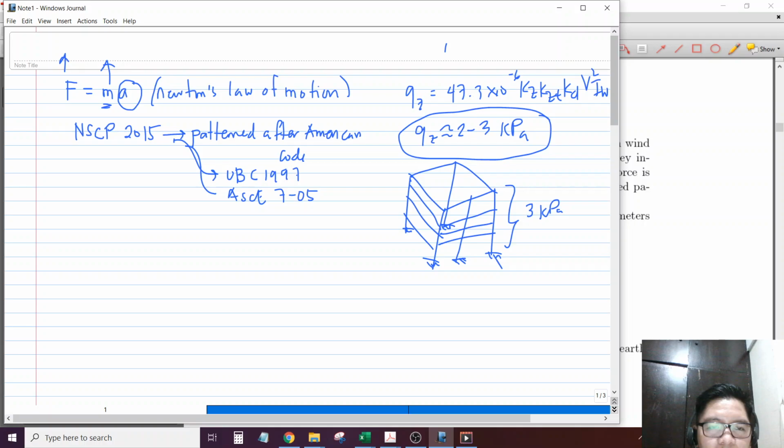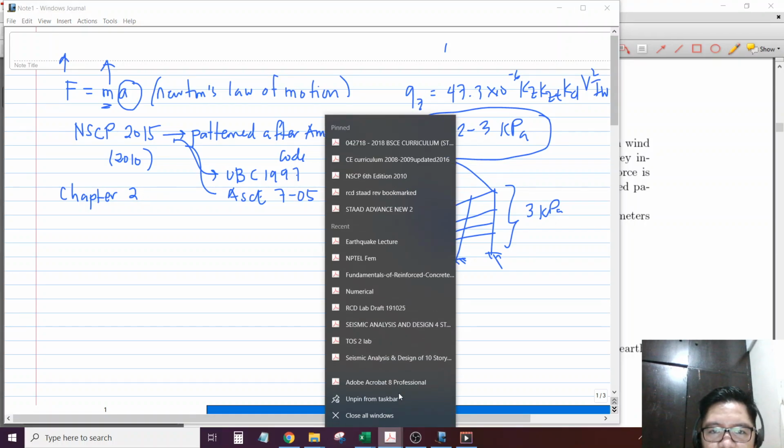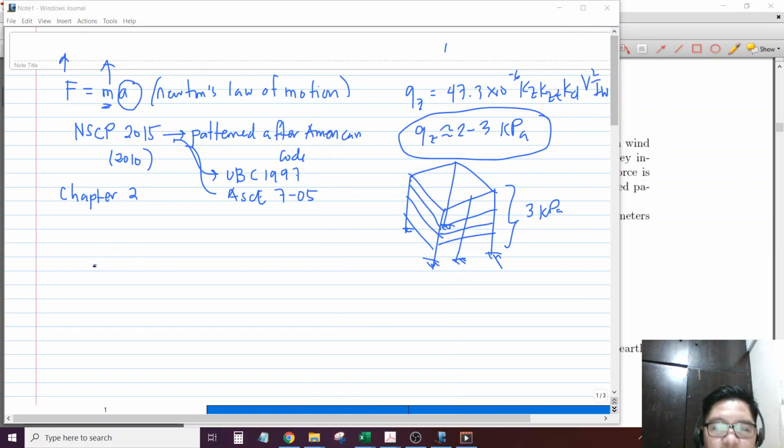Okay. Now, ano yung corresponding equation ng ating static force method sa NSCP? I just remembered kasi I'm always using 2010. It's in chapter 2. I think I have this here. Where is that? NSCP. Take note, meron akong hard copy.